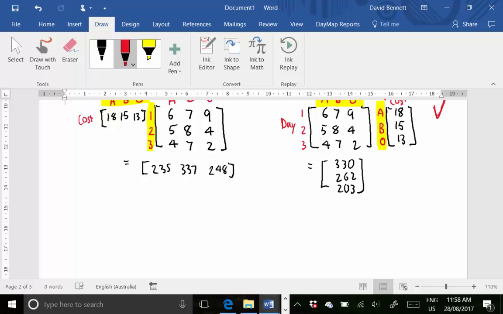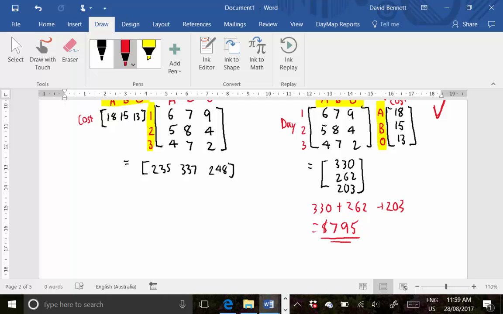Now, if I was trying to work out how much revenue I made over the 3-day period, I could simply say $330 plus $262 plus $203. That gives me a grand total of $795 revenue.